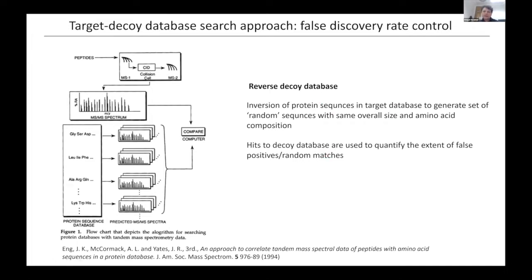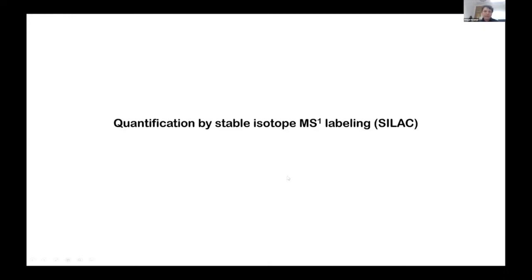The idea is that this should generate a so-called decoy database, which has the same overall size and amino acid composition as the target database that we're going to search or match our data against, but one that now only contains sequences that we expect not to be present in the sample. Any match between a spectrum and the decoy database is then a means of quantifying the extent of false matching, or false positives.